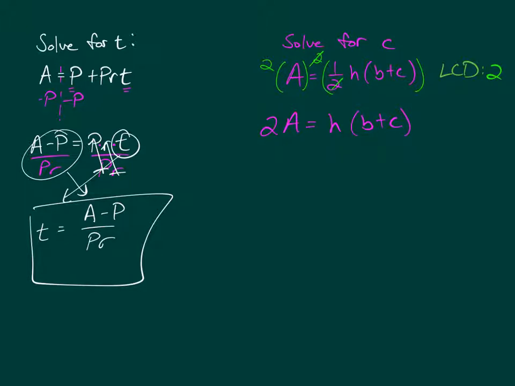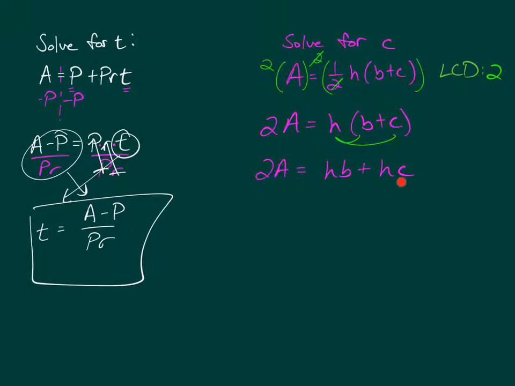Now there's usually more than one way to solve an equation. And I'm going to choose to distribute the h here. So I've got 2a equals hb plus hc. Keep in mind we're solving for c. And now we're back to that big idea.